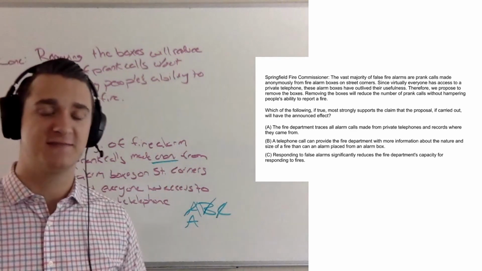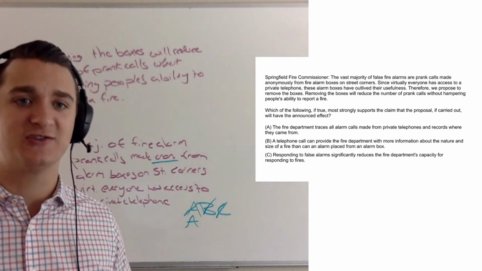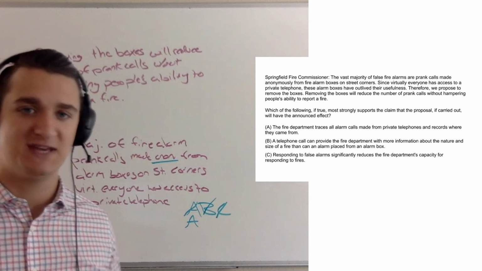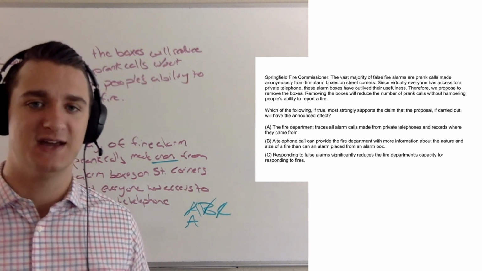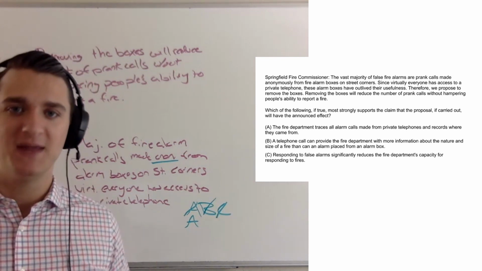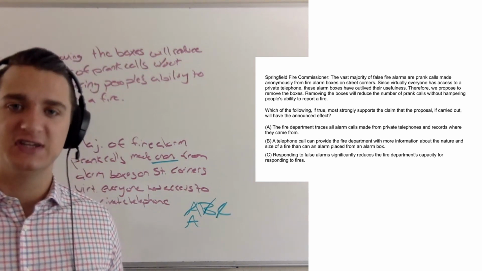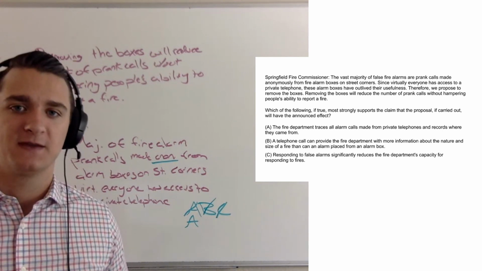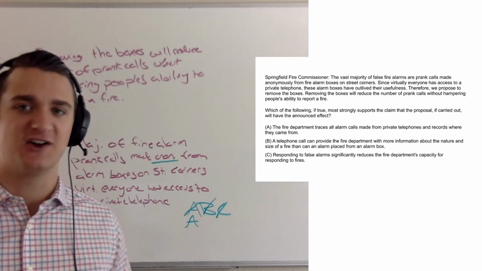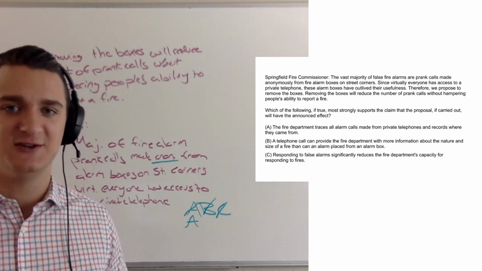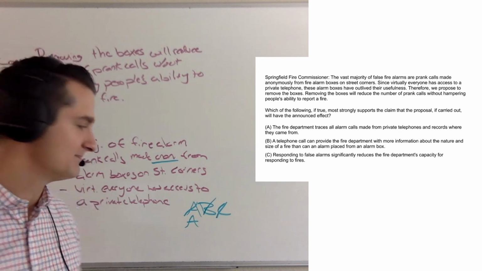So now people can't make those prank calls anonymously. They're going to be caught, because they're making them from private telephones and we can record where they came from. This supports the claim, the announced effect, that it'll reduce the number of prank calls without hampering people's ability to report a fire.